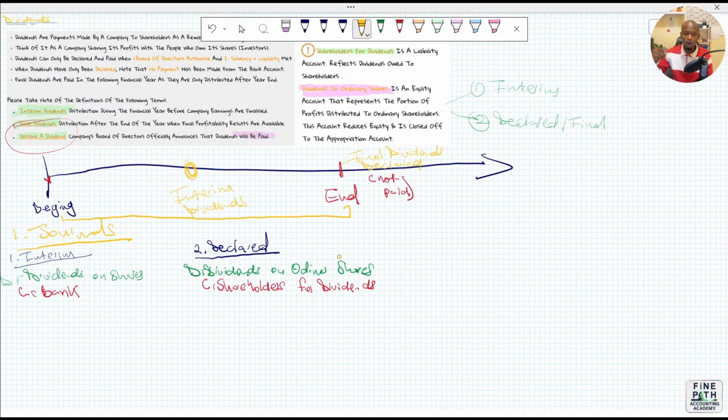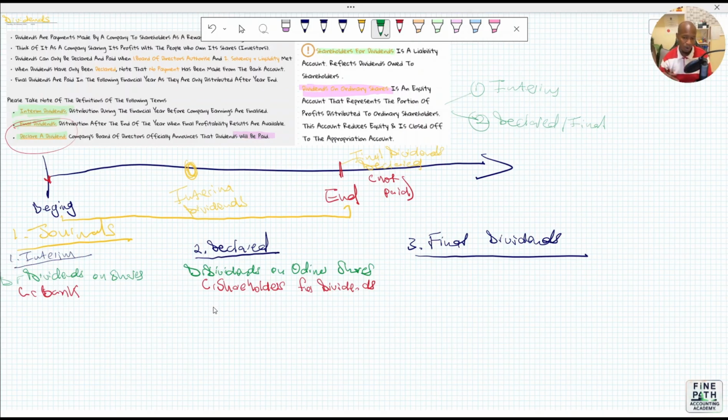And then when the following year comes, so now we go to the third year. On the second year, final dividends are paid. When final dividends have been paid, it means that there's no longer an expectation from shareholders for us to make payments to them, meaning that we no longer owe them. If we no longer owe them, we need to reduce that liability, and also credit bank because we've made a payment.